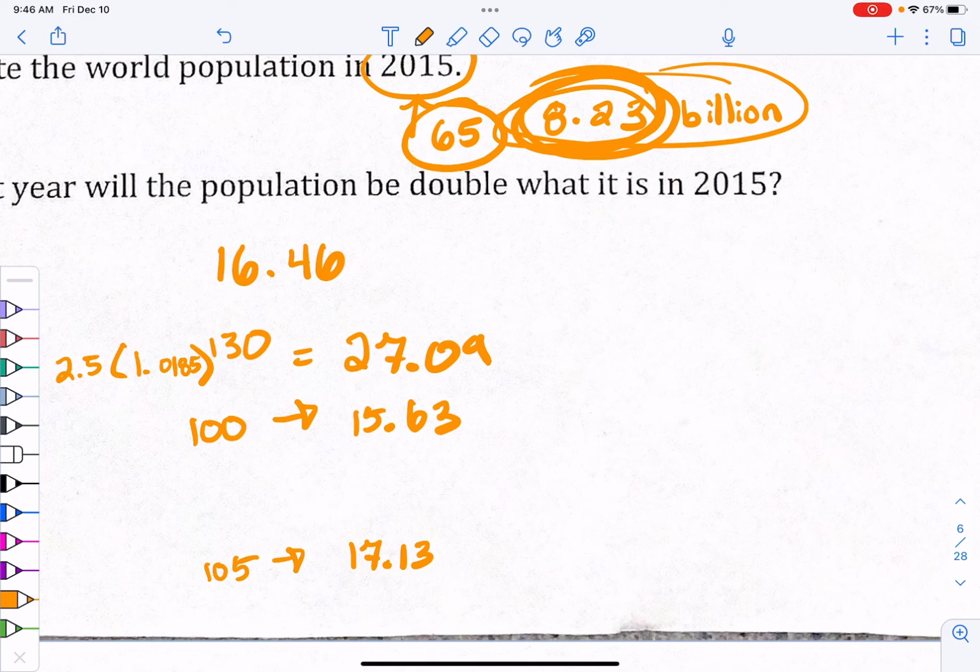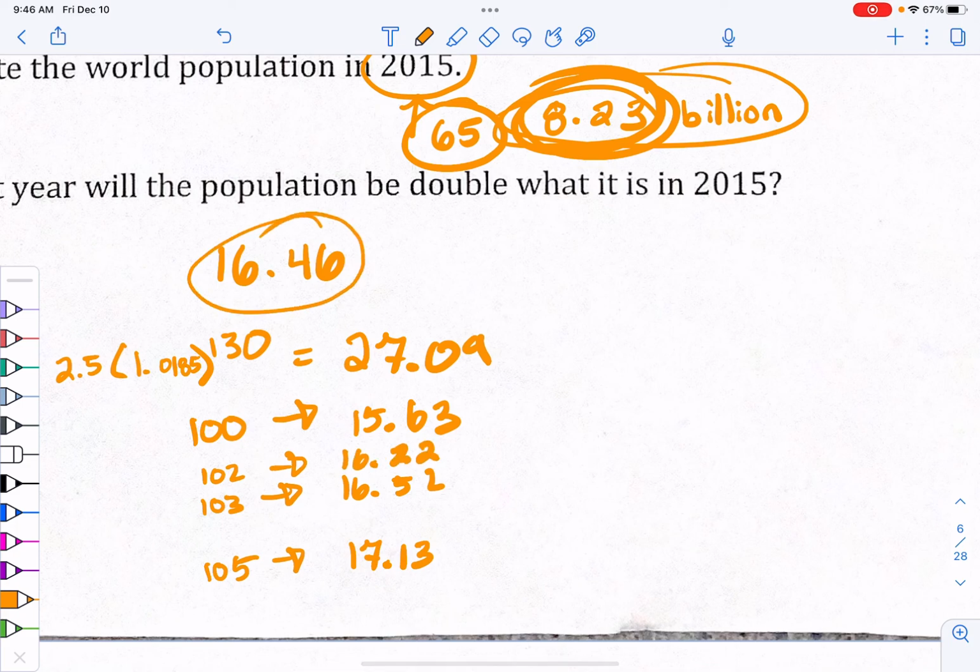Let's go to 103. We'll go right in the middle, kind of. Okay, 103 is 16.52 billion. So let's go 102 next, and we'll see. We're getting close. 102 is, yep, 16.22. Okay, so 16.46 is between these two numbers.